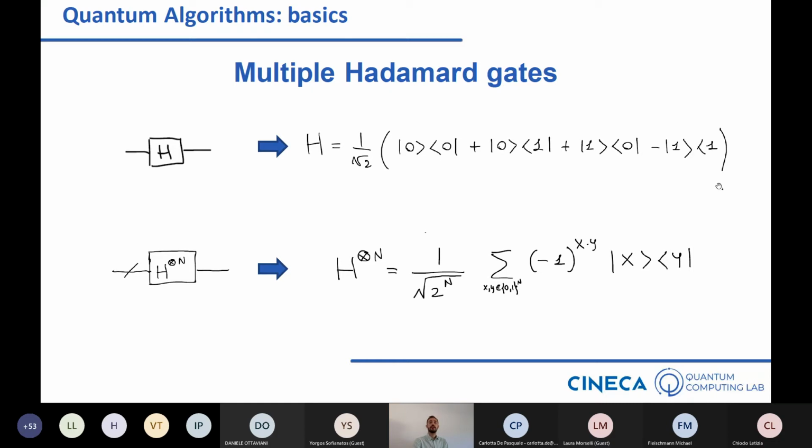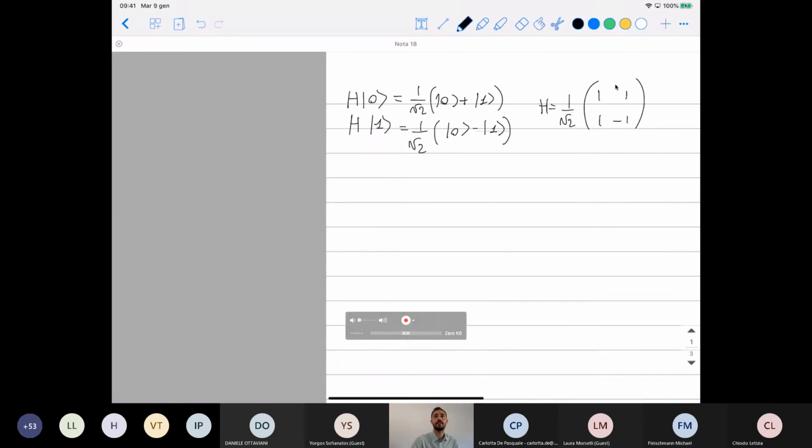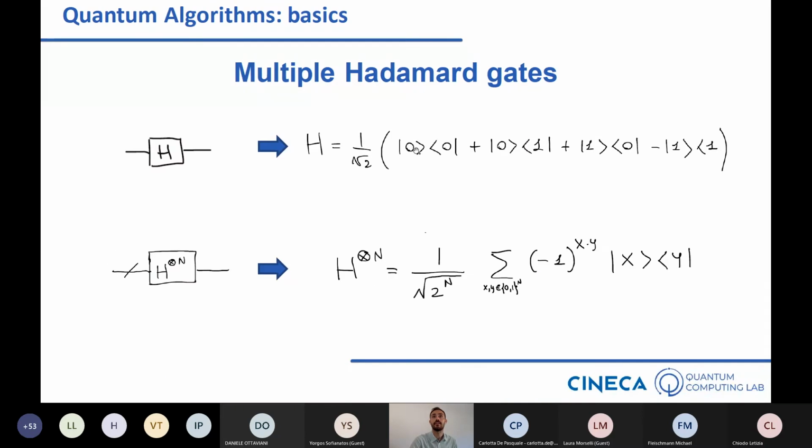If you have in front of you the Hadamard in matrix form, you see that the coefficients are 1, 1, 1, and just the last one is -1. Also here the coefficients are 1, 1, 1, and the last one is -1.